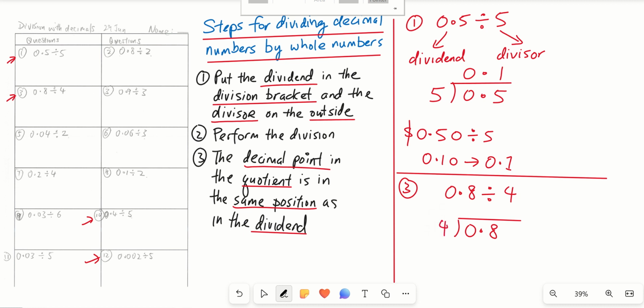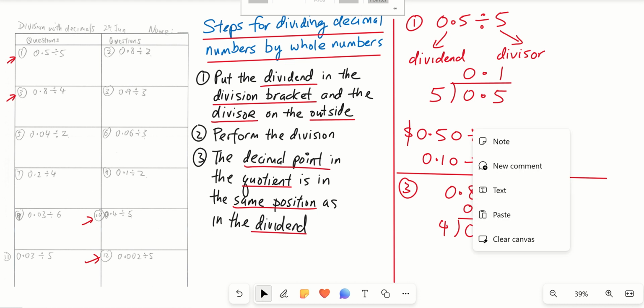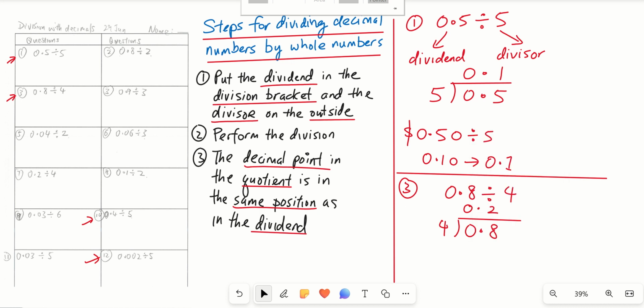Again, pretty straightforward. 0 4s go into 0, and 2 4s go into 8. And I put a decimal point in the same position as the dividend. And the answer is 0.2.